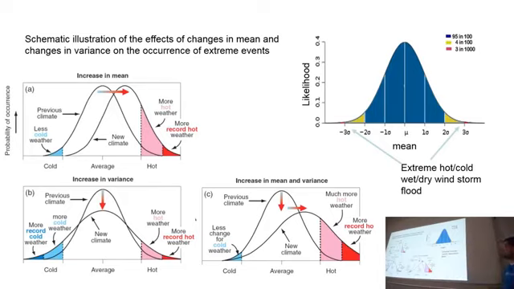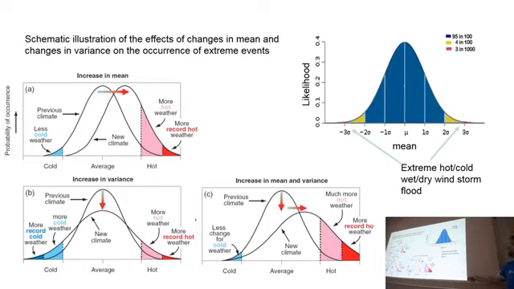Or if this distribution was wetness and you shift the average towards more wet, you increase the likelihood of an extreme flood event. Or if you shift it towards drier, you might increase the chance of a drought. So shifting the average is not important for the average, but it is really important for shifting the extremes of these distributions of weather.